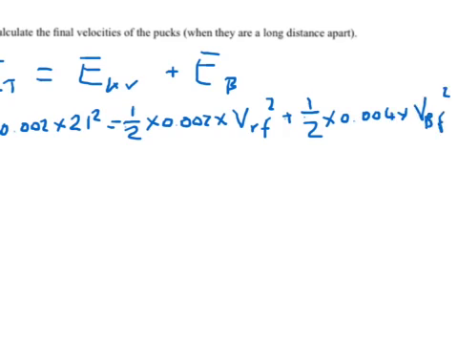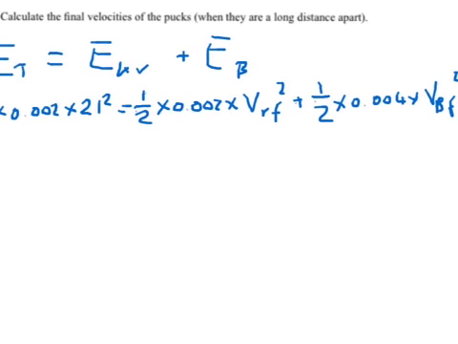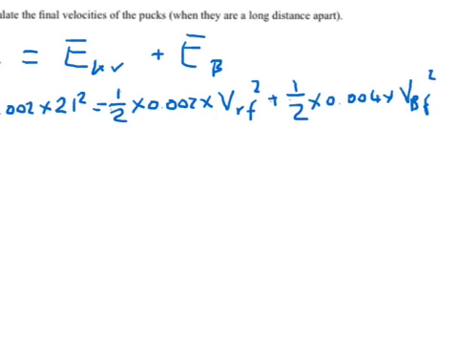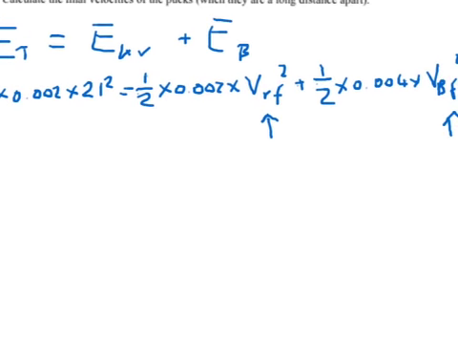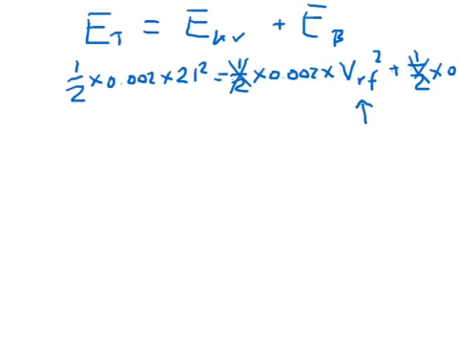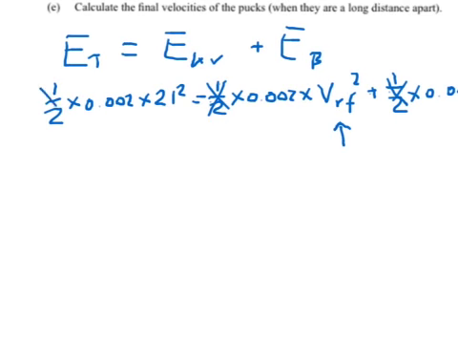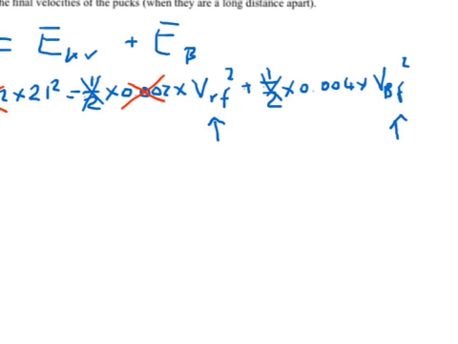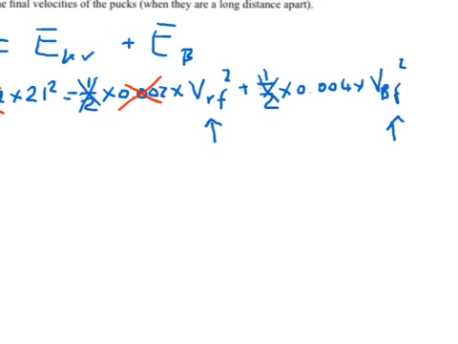So we've got this full equation. We've got two unknowns in the whole thing, which are VR final and VB final, which is what we're trying to find out. Just because it's nicer, I'm going to do a bit of cancelling. We can cancel out the halves, and we can also cancel out the 0.002, but because we're dividing by 0.002, this one becomes 2.